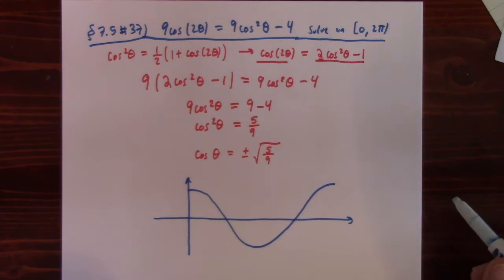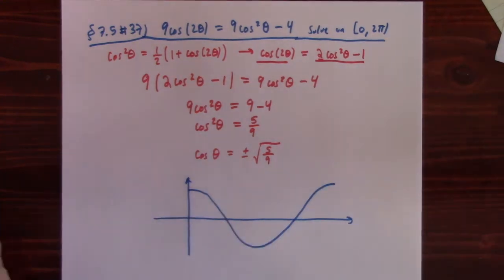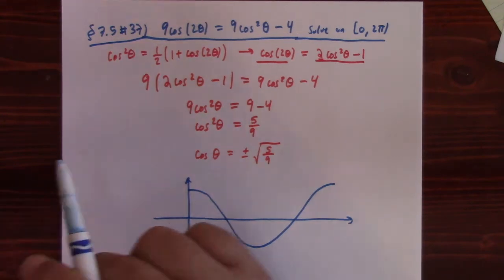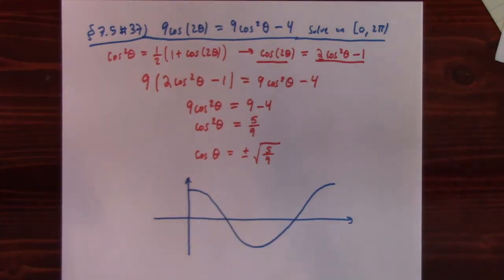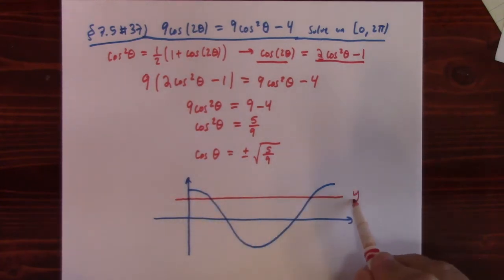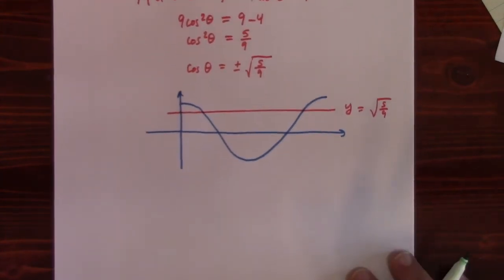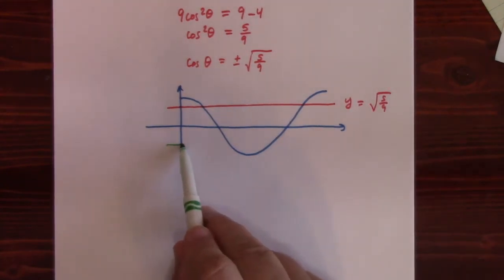So there's cosine. The square root of 5 divided by 9 is approximately 0.75. So you're looking for basically the solution to this one and the solution to this one.